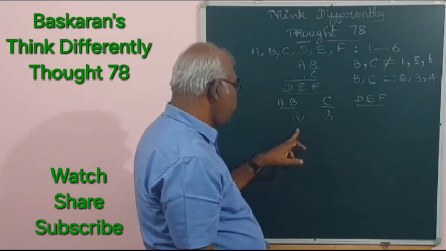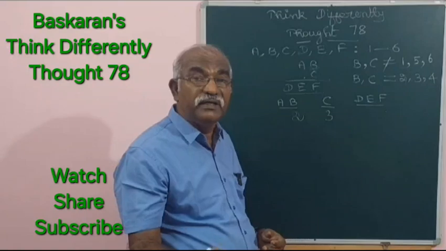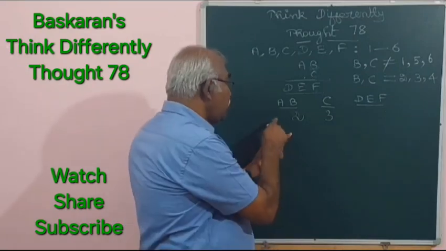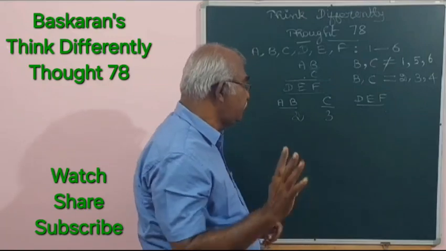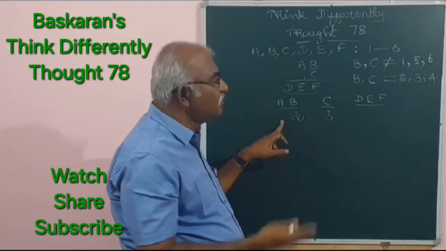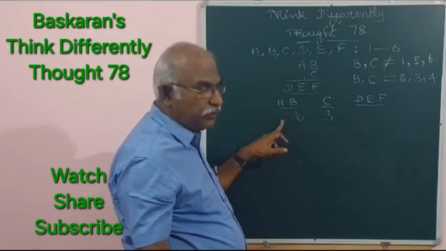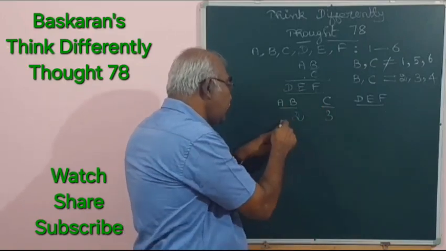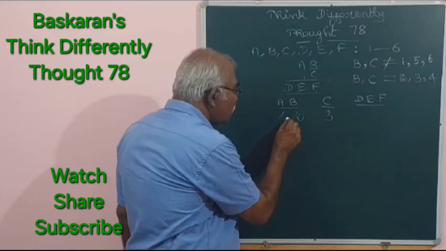So, when B is equal to 2, C can be 3 only. And what are the possibilities for A? On multiplication of AB by C, we get a 3-digit number. Therefore, A cannot be 1. And B is 2, so A cannot be 2. C is 3, so A cannot be 3. So, A can be 4.